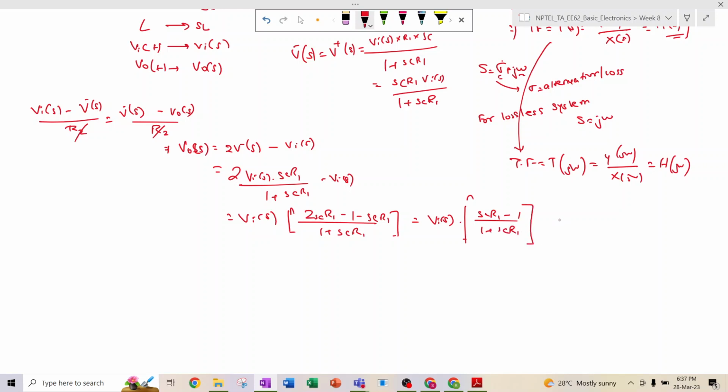In a simplified manner, if we take the minus common, it is always better to write the equation in the format 1 plus S something or 1 minus S something.